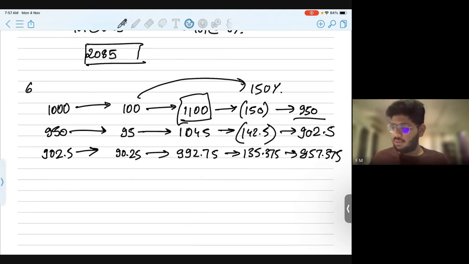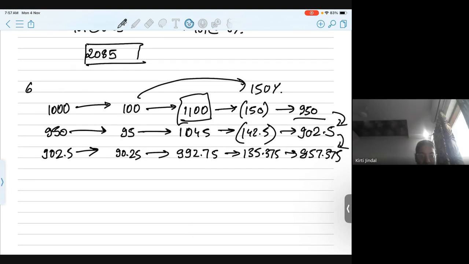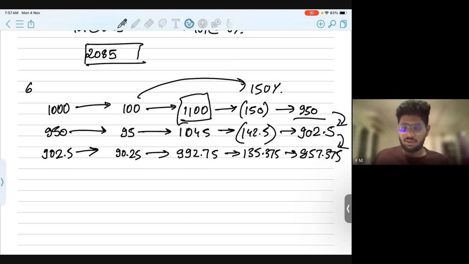This is the third time we are doing this question. Please let me remind you. So what is the pattern here? It's decreasing, as all loans should. How is it decreasing?